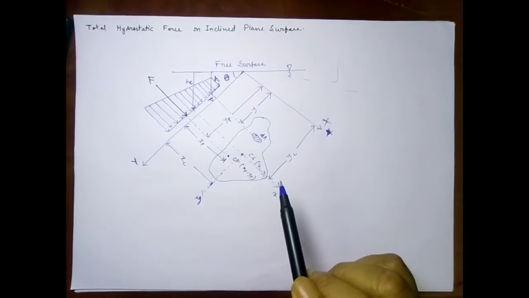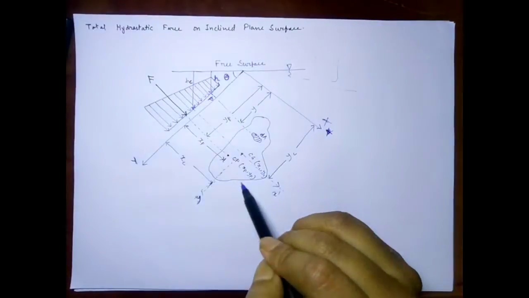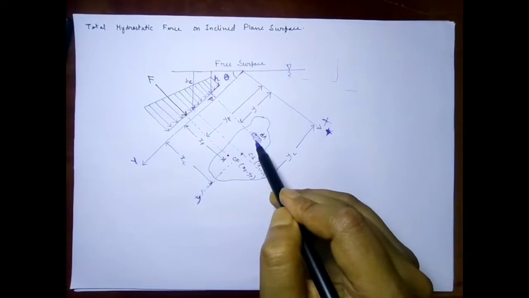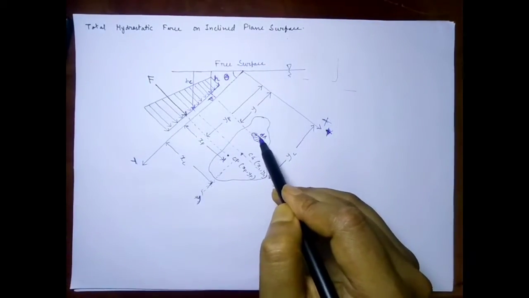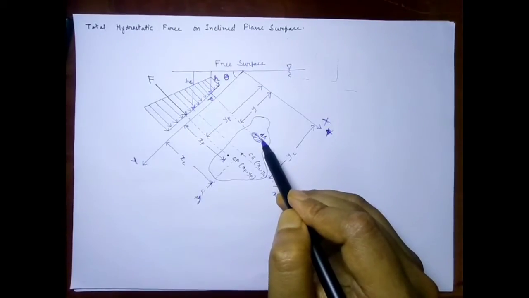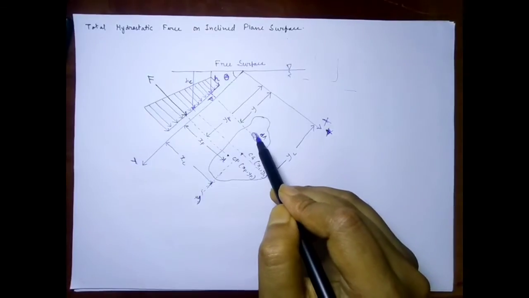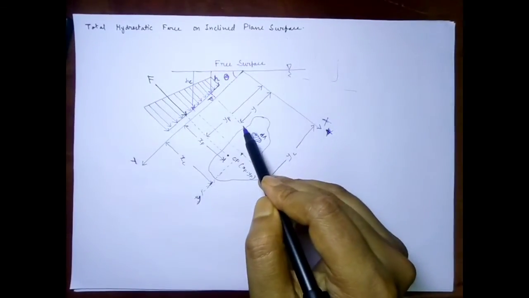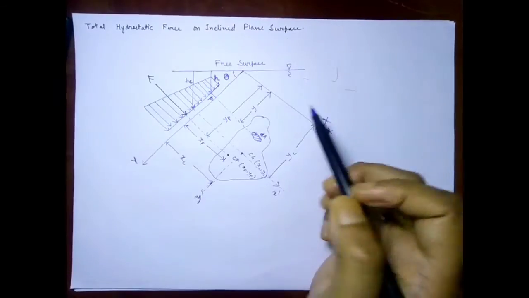Now, as the body is irregular, we take a small area dA, which we are going to analyze, and this dA is at a depth of y from the x-axis.